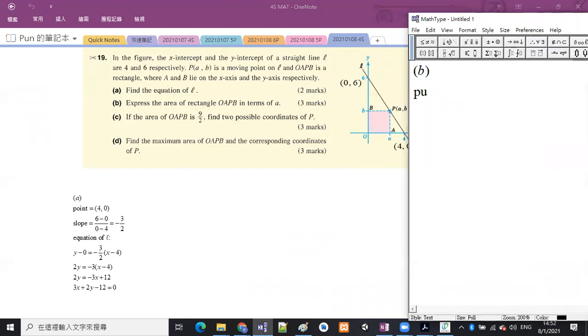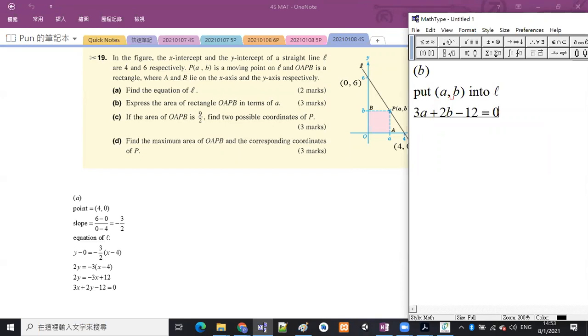Okay, put A, B into L. Remember, sometimes when we verify whether a point is on a line, we separate left hand side and right hand side. But since we already know the point is on the line, we just write the whole equation. So 3A plus 2B minus 12 is equal to 0.